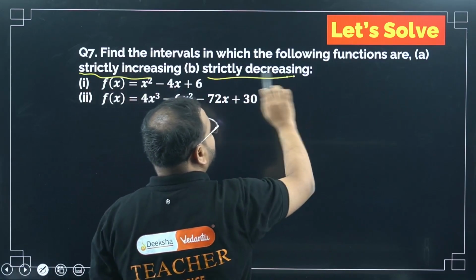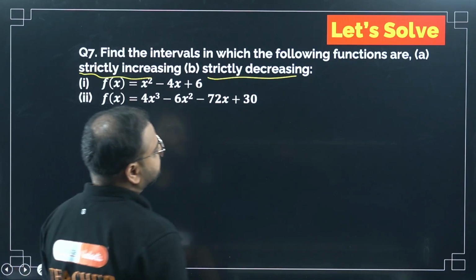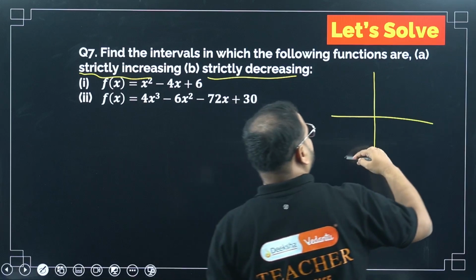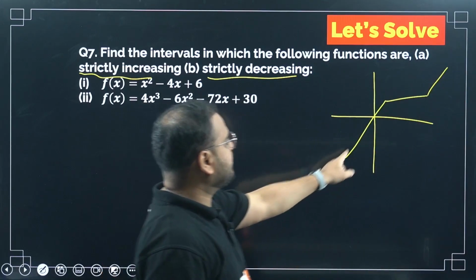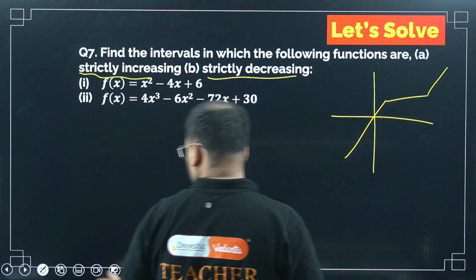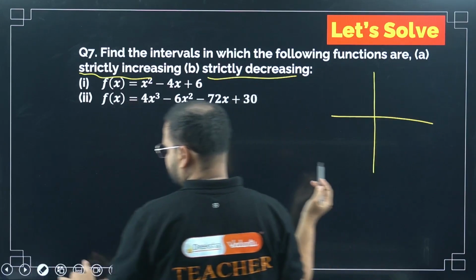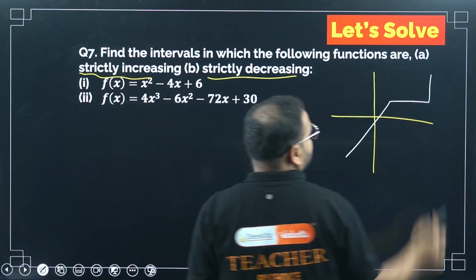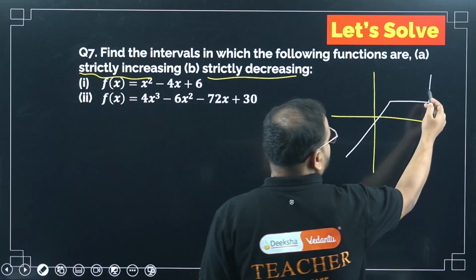Find the intervals in which the following functions, option A is strictly increasing and option B is strictly decreasing. Strictly increasing and strictly decreasing means what? The function cannot be like this. Let me draw a straight line over here.